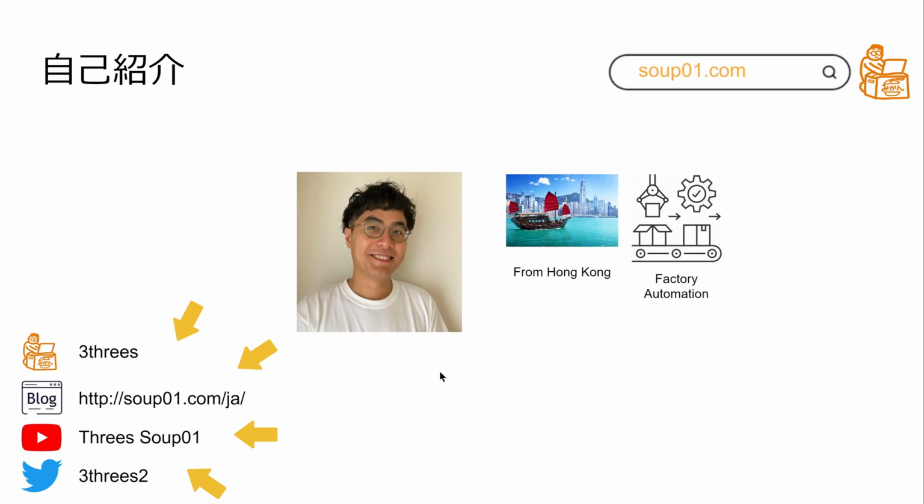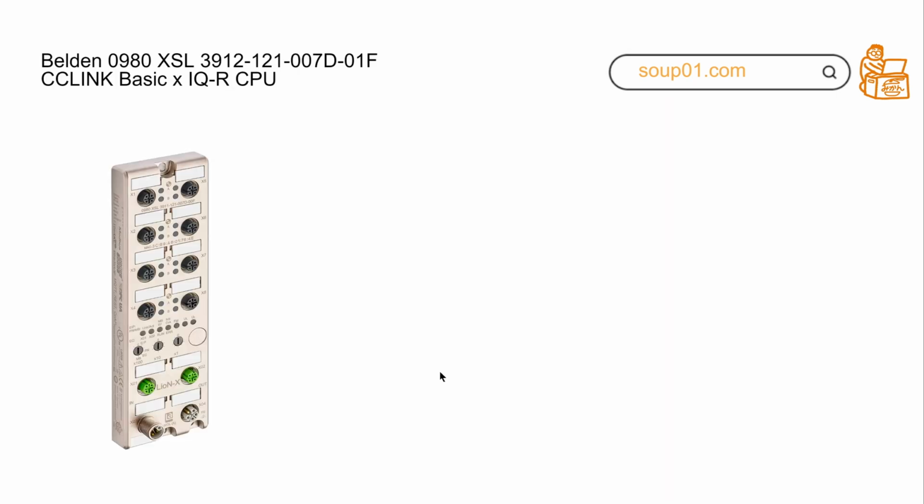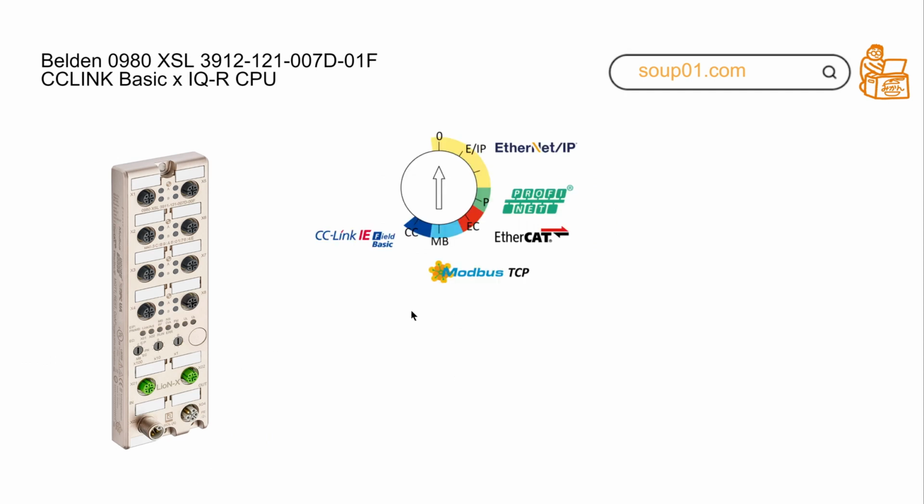Okay, let me introduce these Belden modules. Maybe it's a little bit small and you cannot see very clearly, but there is a rotary switch here. It allows you to configure which protocol you would like to use for this module. You can use EtherNet/IP, Profinet, EtherCAT, Modbus TCP, or even CC-Link IE Basic.